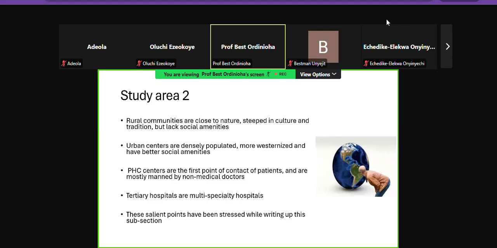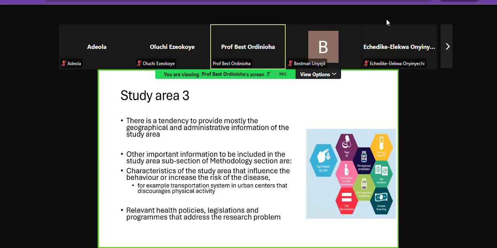Don't mind that in Nigeria, people with uncomplicated malaria can go to a teaching hospital. But once it is mentioned in a study, you have to describe that situation, the characteristics, and not just the geography and the historical facts.